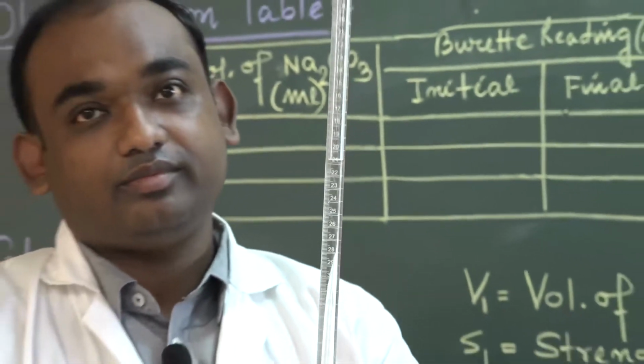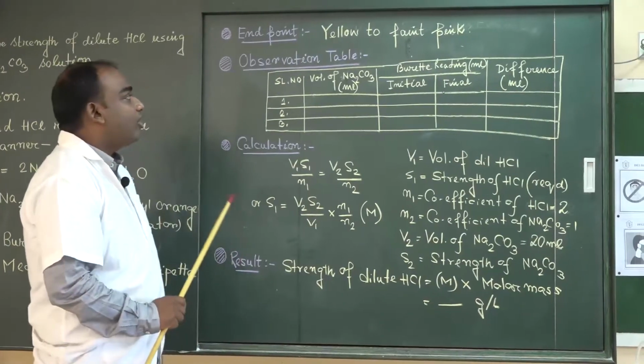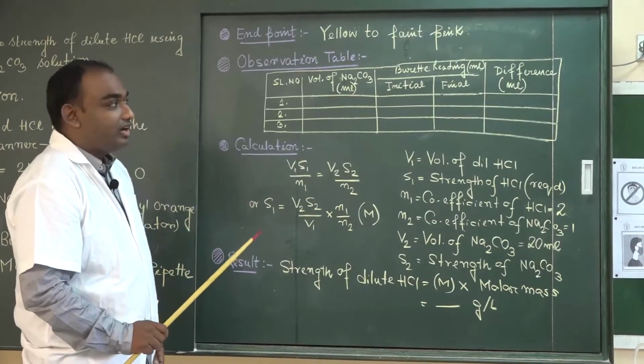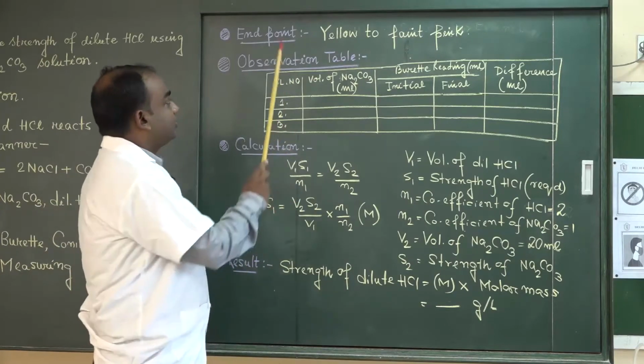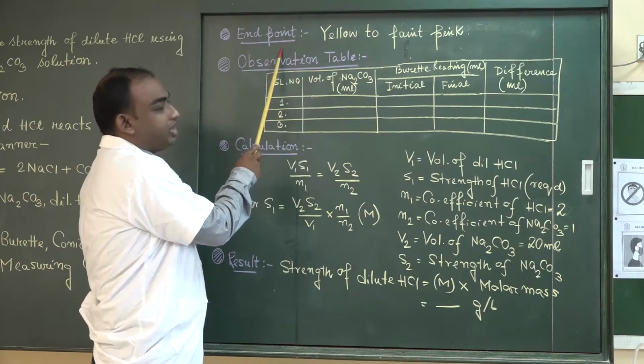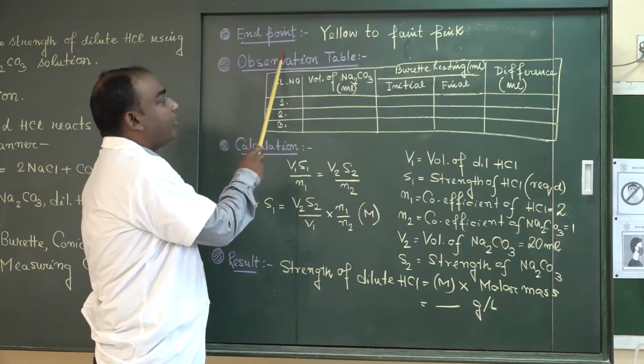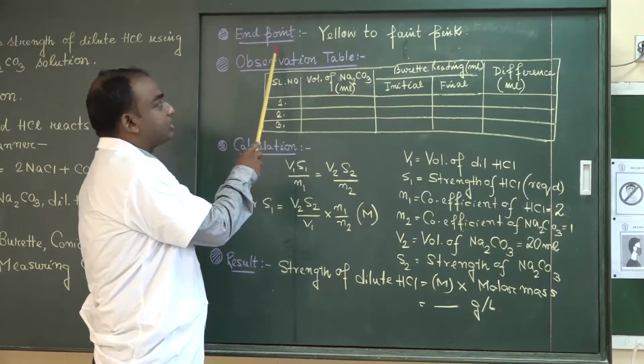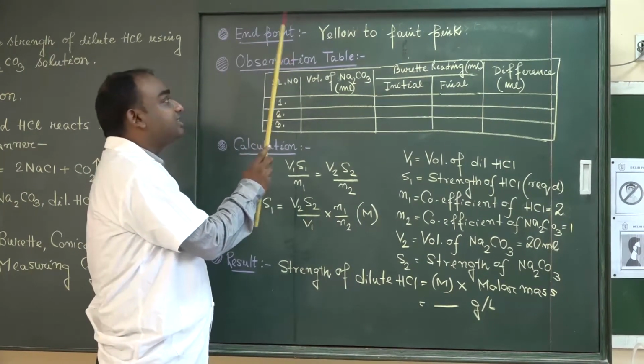Okay. So students, we have observed the change in color during the titration. That is why it is mentioned as the end point. End point is the point of neutralization, where we find this color change.